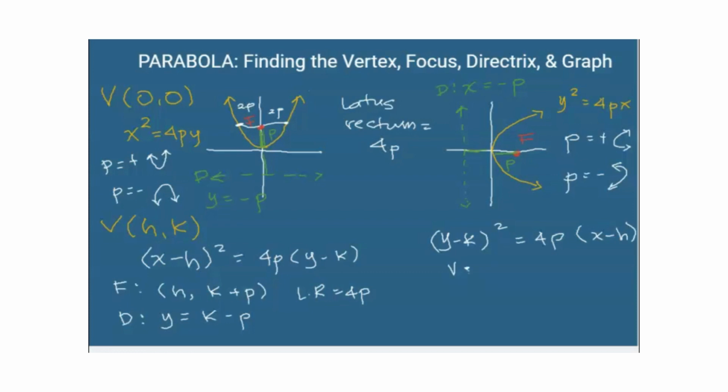But the coordinates of the focus would be at h plus p, k. The equation of the directrix would be x is equal to h minus p.